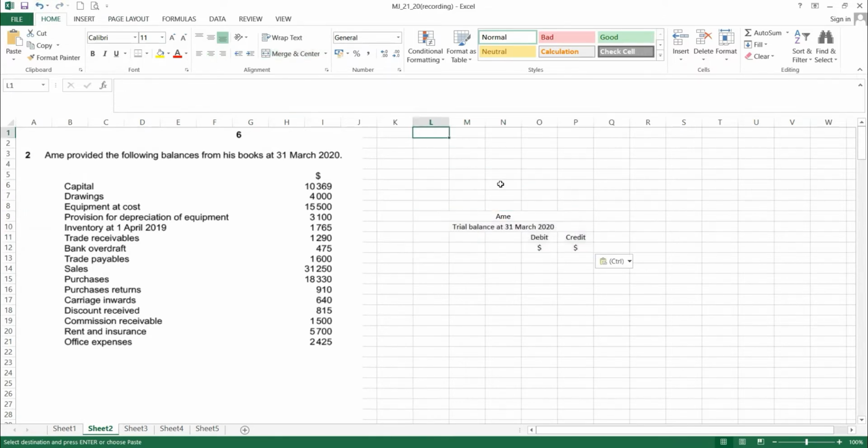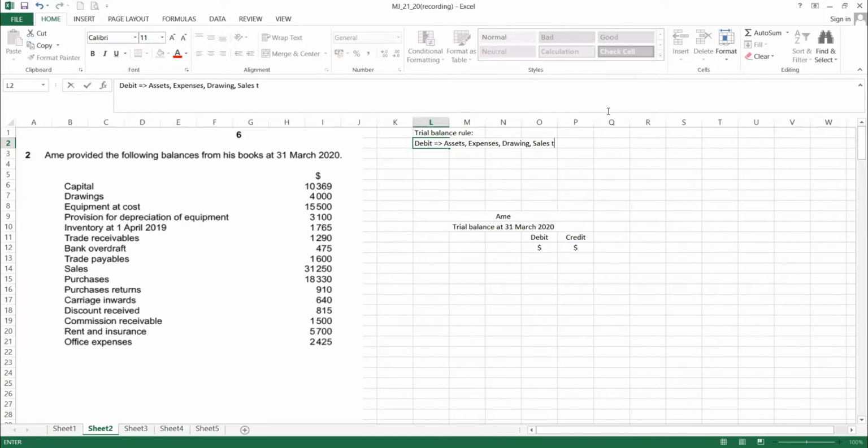Okay, so the basic rule for the trial balance. Debit: you have asset, expenses, and then drawing. If you have any sales return, you also put it on the debit side.